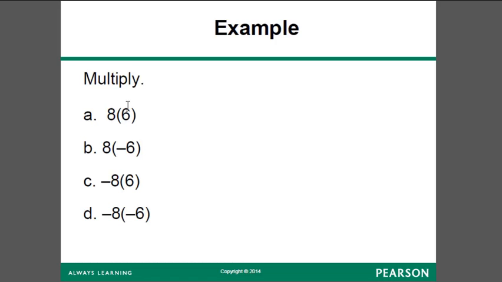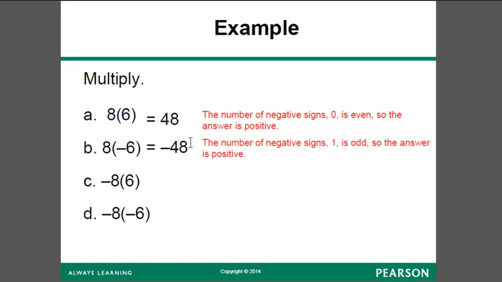+8 times +6. I don't have any negatives, so my answer is going to be +48. Here, I have a +8 times a -6. I have one negative sign. Since I have one negative sign, my answer will be negative.